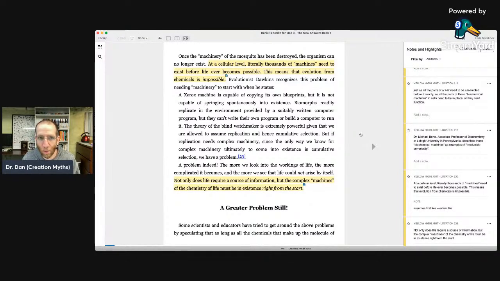The first living systems were undoubtedly less complex than the simplest cells that exist right now. So this assertion right here, not only does life require a source of information, but the complex machines must be in existence right from the start. That is false. That is wrong, because the earliest forms of life would not be represented by the simplest forms of cellular life that we see on Earth right now.